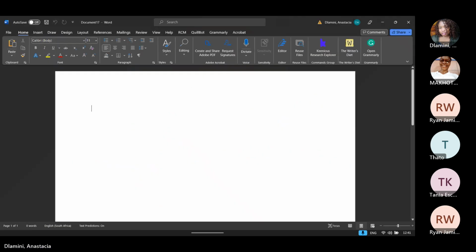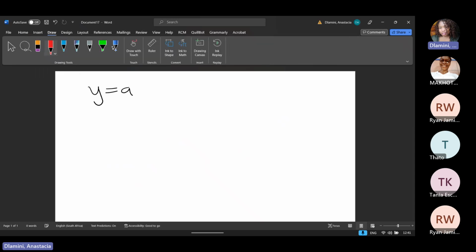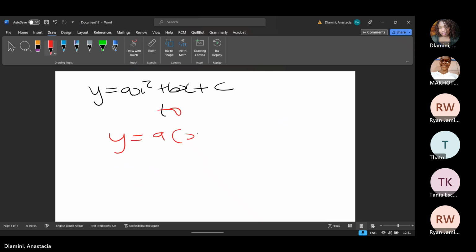Now, we need to move. I want you to find, if I say move from y equals ax squared plus bx plus c to y equals a(x minus p) squared plus q, can you do that for me, if you are given an equation?